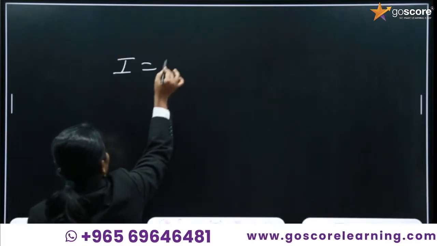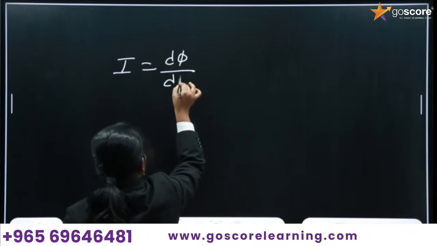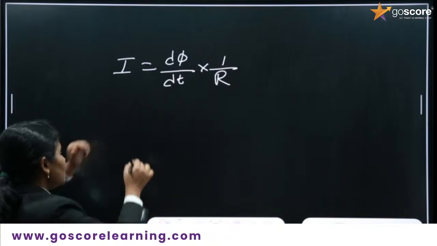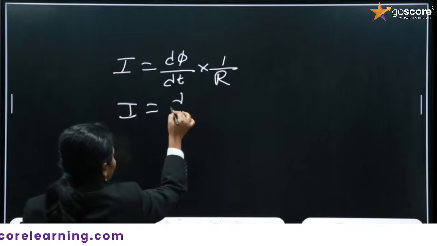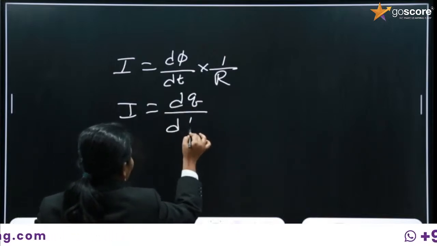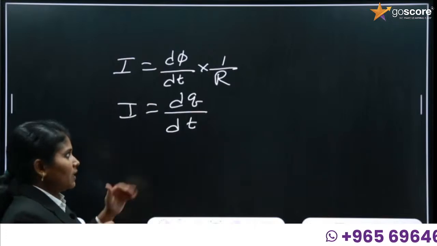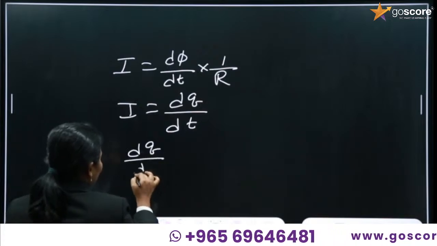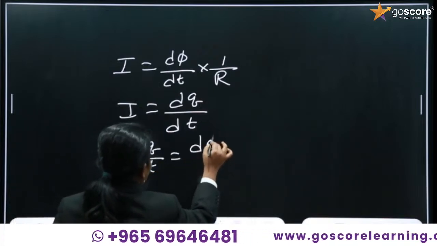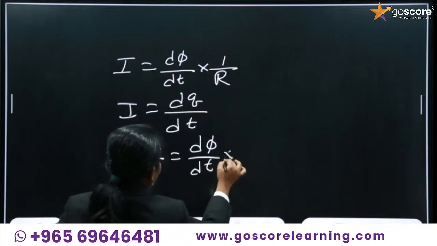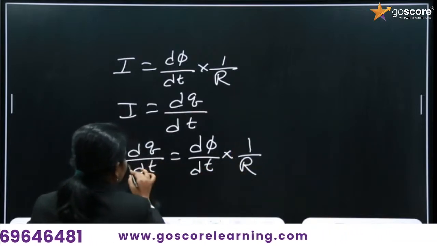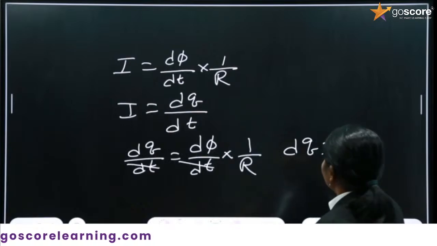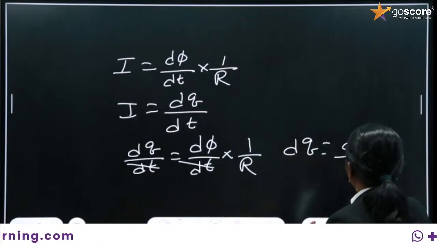I is equal to d phi by dt into 1 by R. And we know that I is equal to dq by dt. Substitute this value in this equation: dq by dt is equal to d phi by dt into 1 by R. dt cancels.